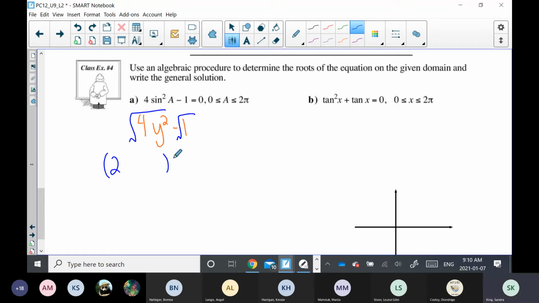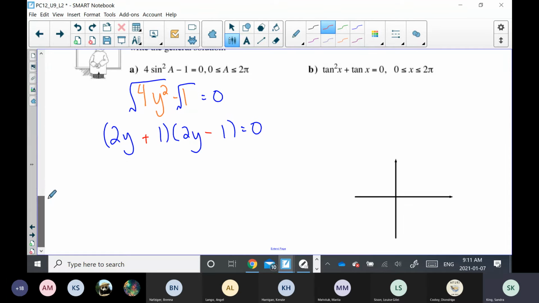Set up your two brackets for a difference of squares to give you your two factors. The square root of 4y squared is 2y. Square root of 1 is 1. One of your factors gets a plus. One of your factors gets a minus. From here, we're done. Let's take out our y and put in sine of a.